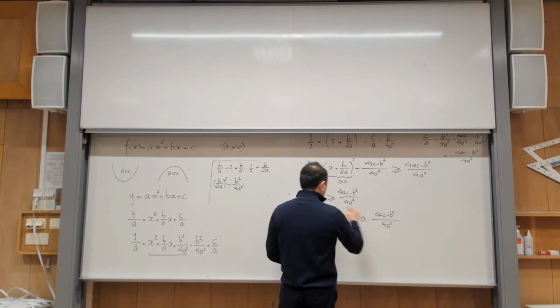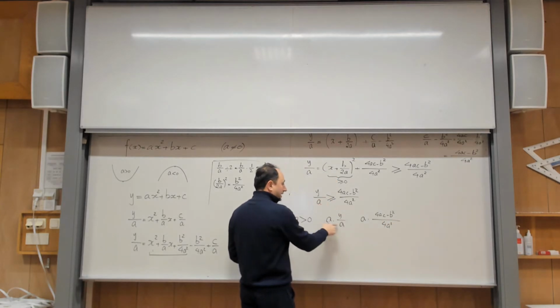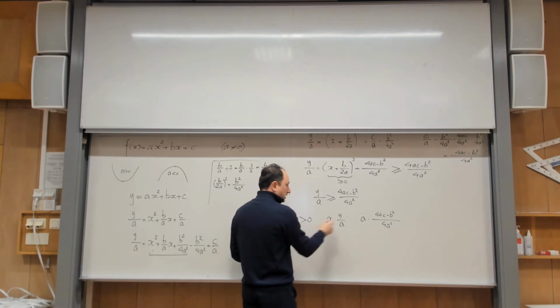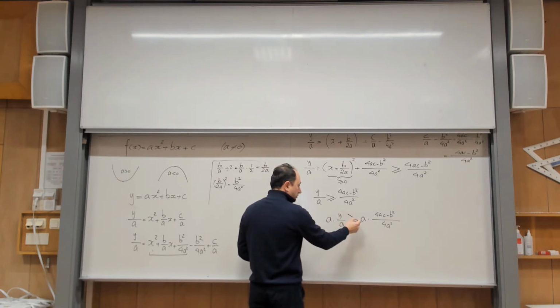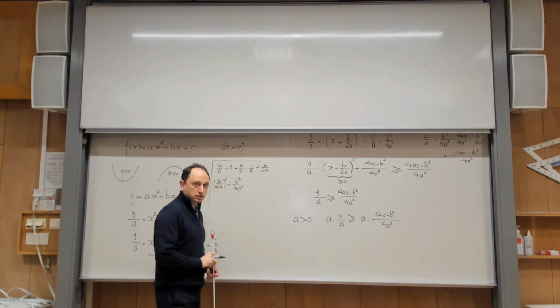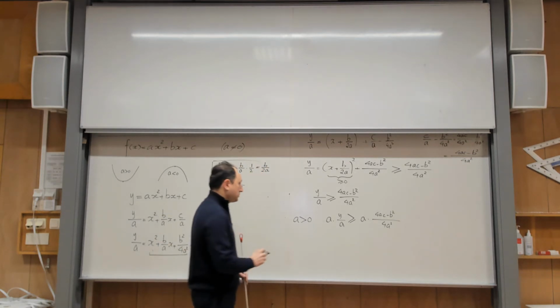I multiply both sides by a, but because now I am assuming that a is positive, I can and I have to keep the sign as it is. I don't change the direction, because I am assuming that a is positive.